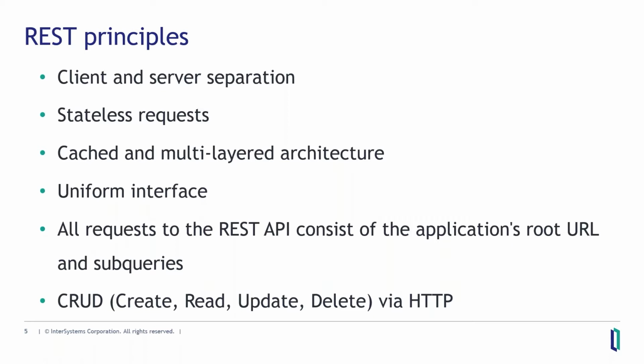Cached and multi-layered architecture. Uniform interface is one of the most important REST principles, and it usually means that if you have a REST API, you have several domains there. For example, you can have users, books, orders, and so on.